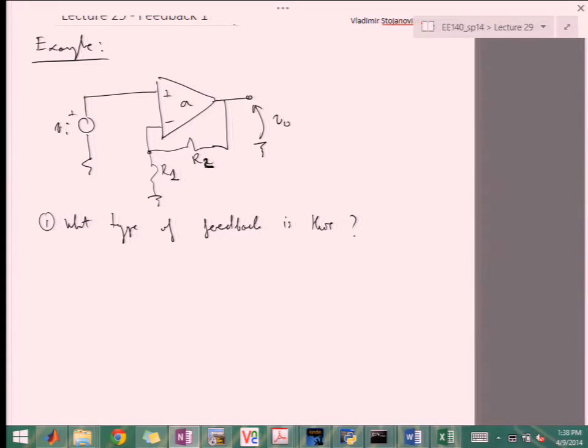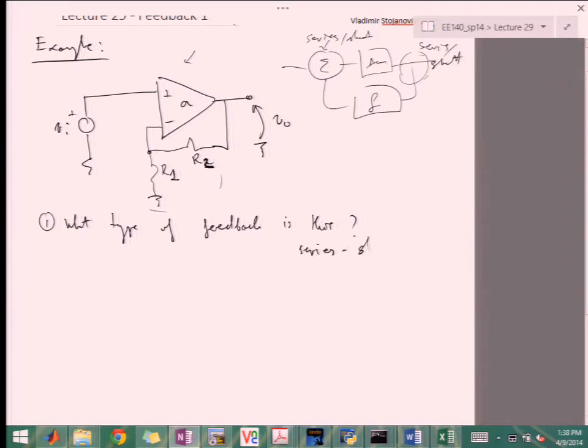There's the summing network, and then there's the network that takes stuff into feedback. This is the amp, this is feedback. So this can be series or shunt, and this can also be series or shunt. So if you look at this amplifier with this feedback, which topology is this? Okay, majority says series shunt.